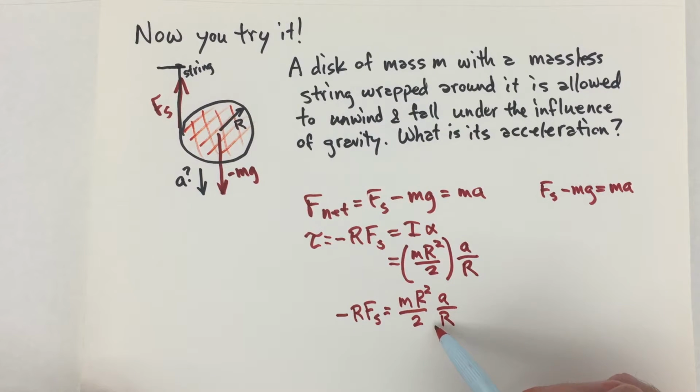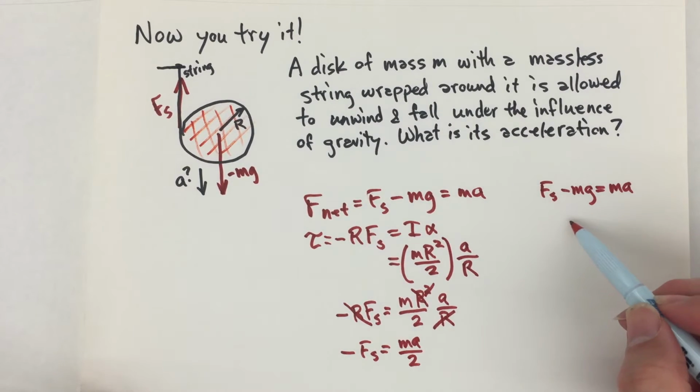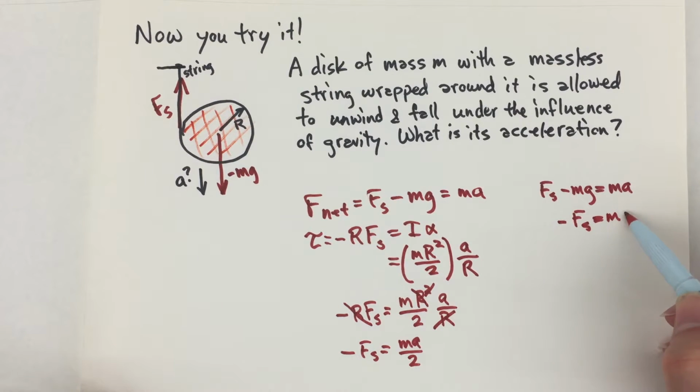You see that this r will cancel one of these r's, and now I have two r's on either side, so that will cancel this r. So I'm left with minus Fs is equal to ma over 2. So I'm going to write that right over here: minus Fs is equal to ma over 2.